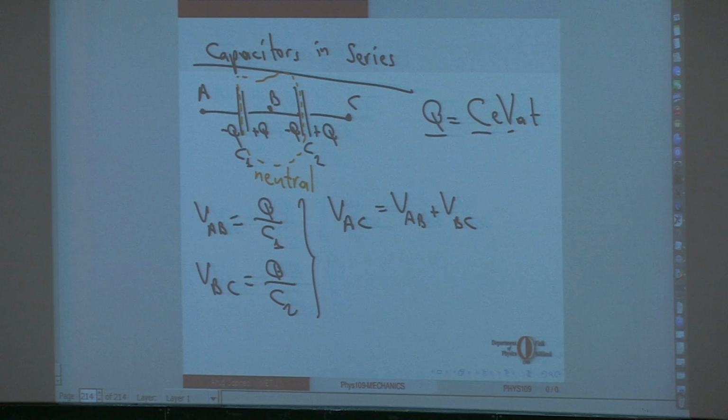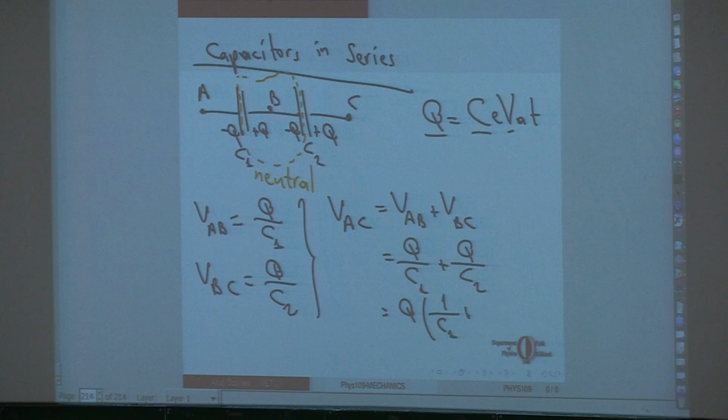Now, this is equal to, we already said that VAB is Q over C1, and VBC is Q over C2. So this is equal to Q times 1 over C1 plus 1 over C2.